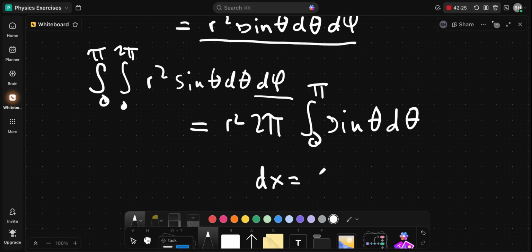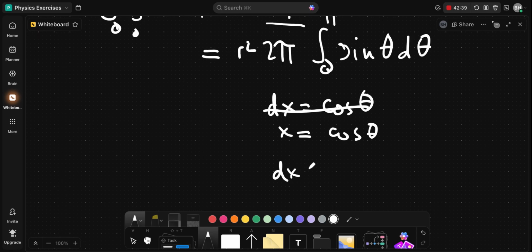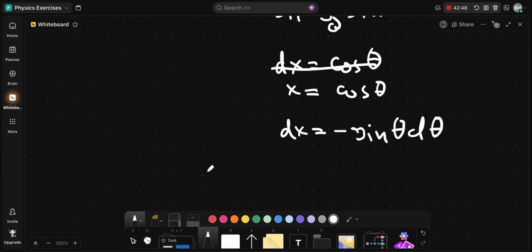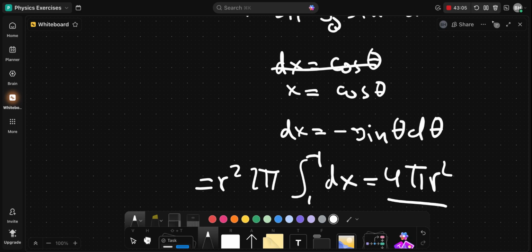We say that x is cosine theta, and then dx is negative sine theta d theta. If you substitute these limits, you have r squared times 2 pi times the integral from 1 to minus 1 of dx, which gives you 4 pi r squared, which is indeed the area of the sphere with radius r.